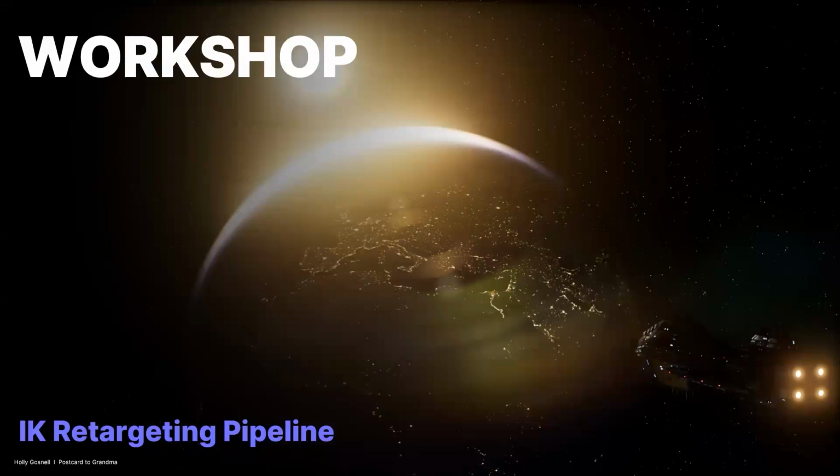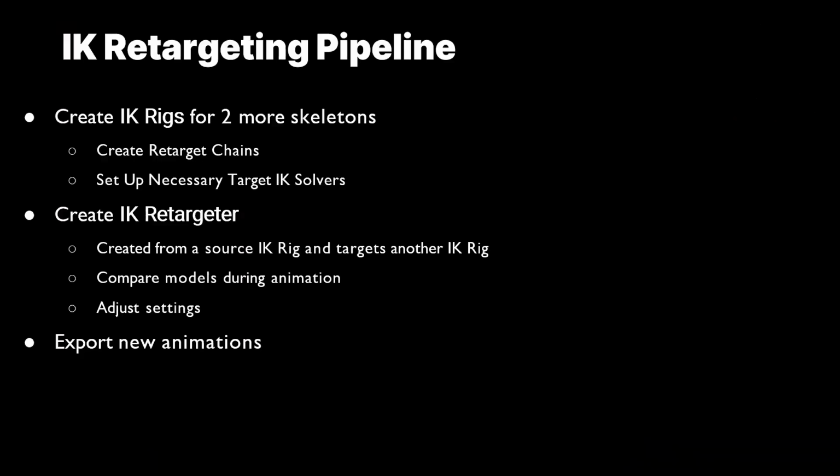So the first thing we're going to do is make sure that we have everything that we need. Again, we're going to create IK rigs for our two or more skeletons, making sure that we have them if we don't already for some of the characters. Then we're going to create the retarget chains, set up the necessary target IK solvers, and then create an IK retargeter, creating it from the source IK rig and targeting the other IK rig, and then compare the models during the animation.